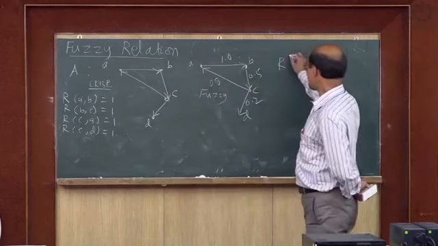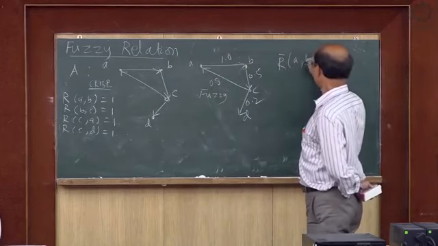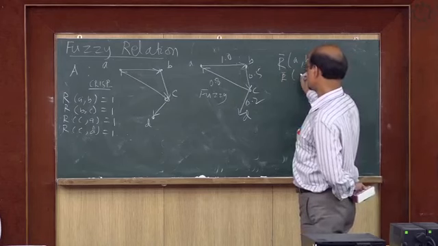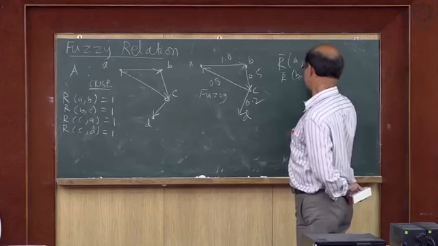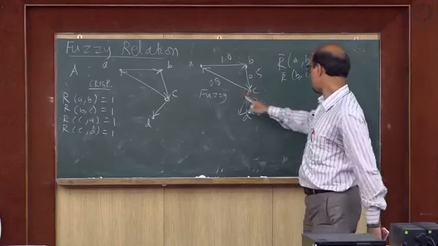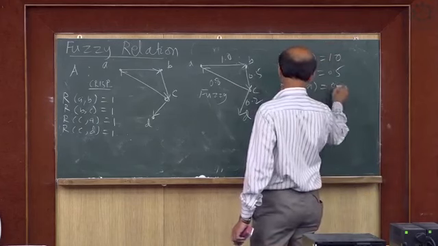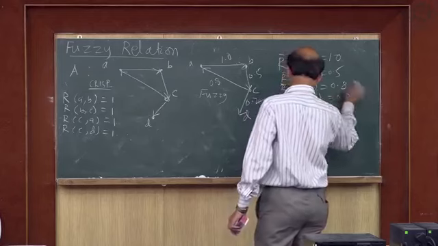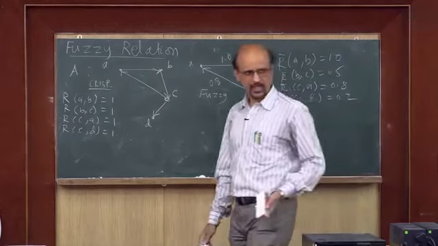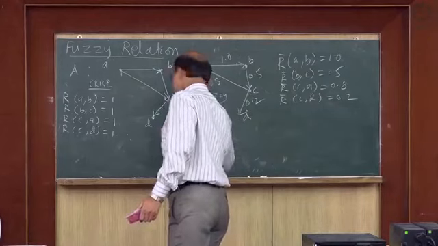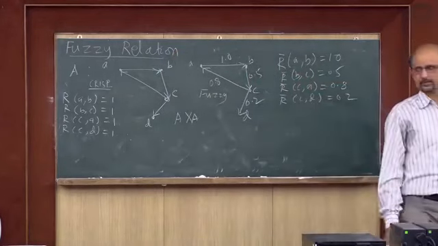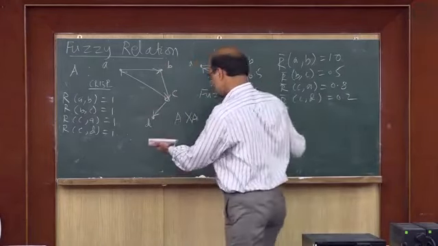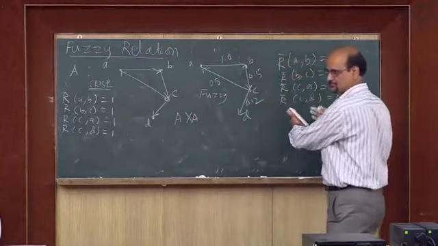I have R bar of AB as 1.0, R bar of BC is 0.5, R bar of CA is 0.8, and R bar of CD as 0.2. Now, if I want the relation A cross A itself, I may have the relation matrix for crisp and fuzzy.